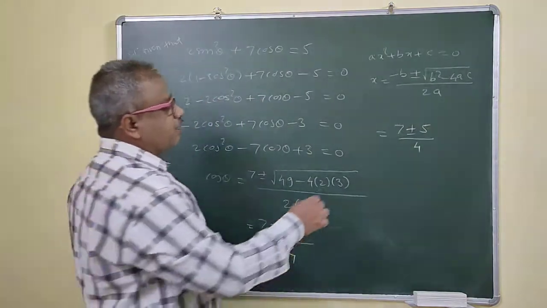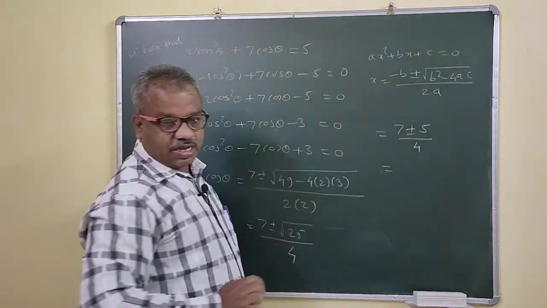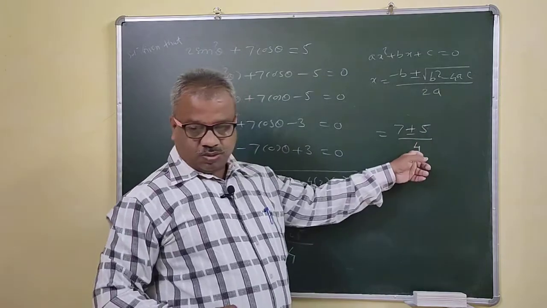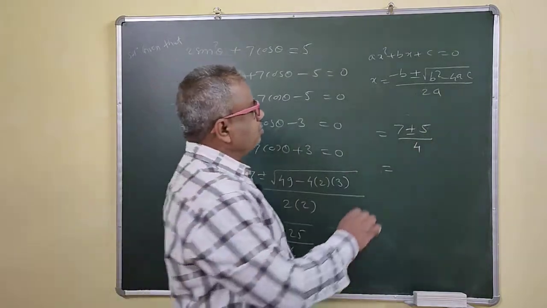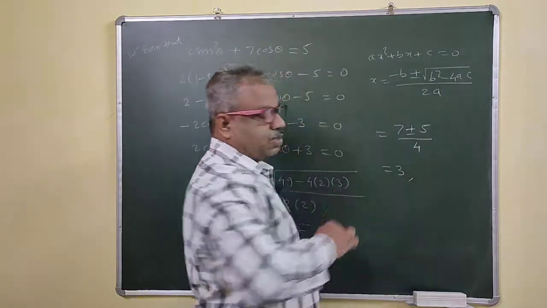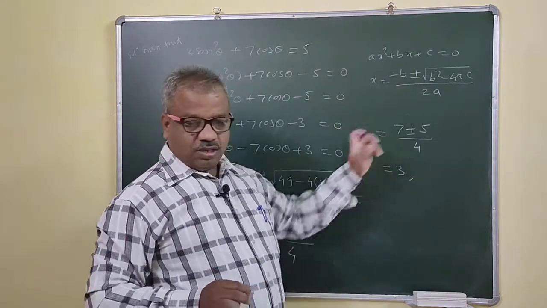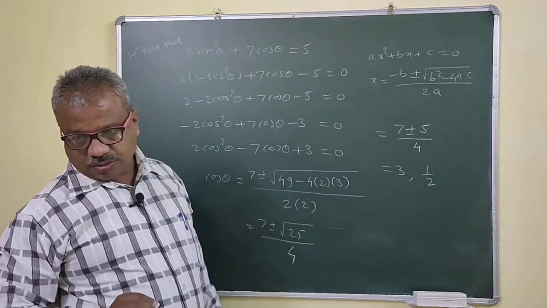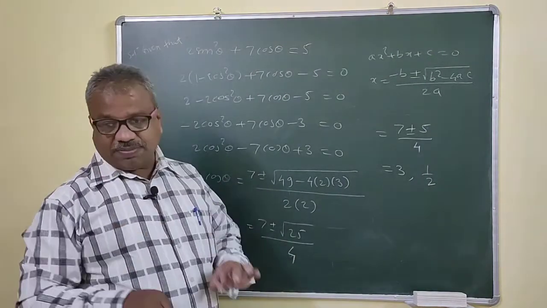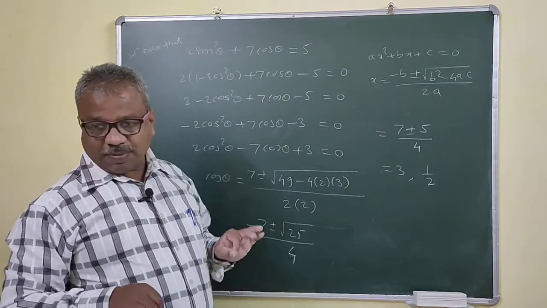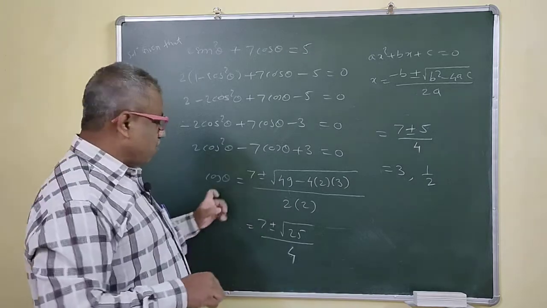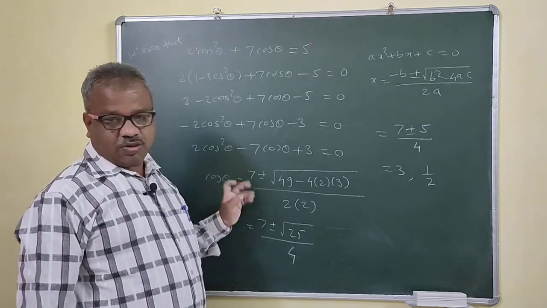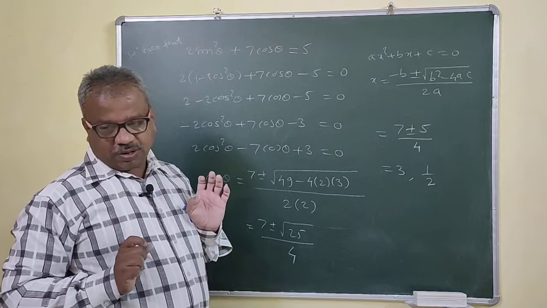If you take the plus sign, 12 upon 4, which is 3. And if you take the minus sign, this is 1 by 2. So what you want is a permissible value. You want the value of cos theta, and you know that cos theta always lies between -1 and 1.